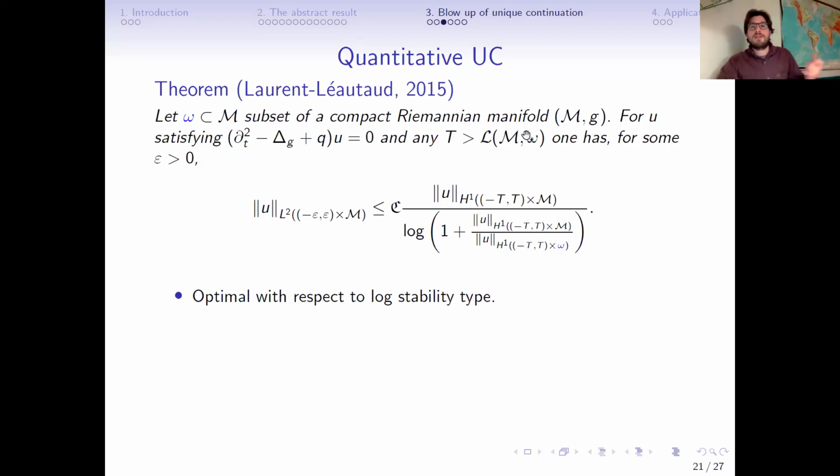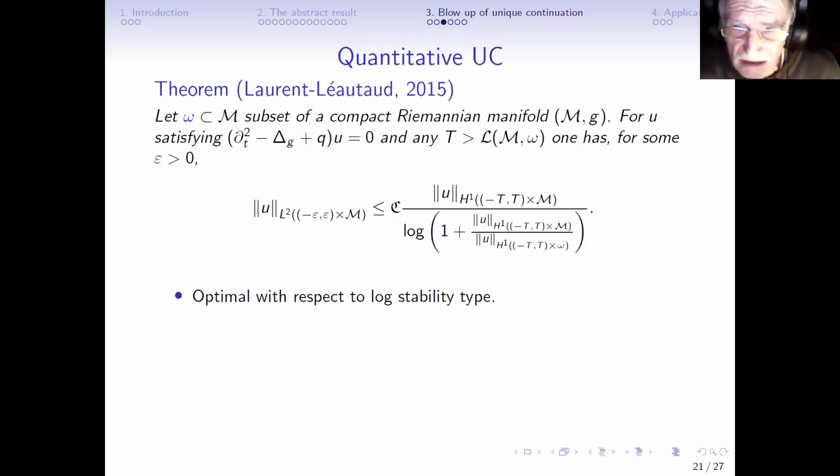This is related to the distance between omega and M. I mean, omega is inside M, but it's exactly the greatest distance that a point in omega can have from a point in M. Is it essentially equal to the time required for waves to fill the whole manifold M?